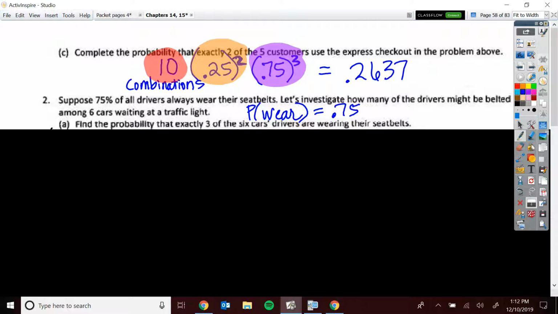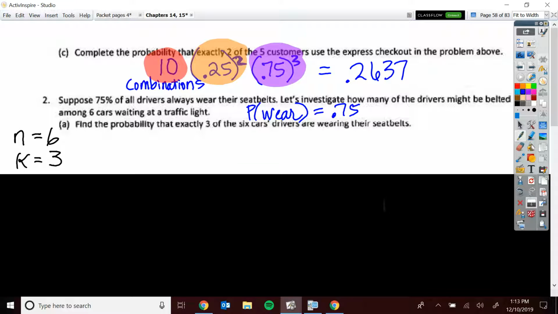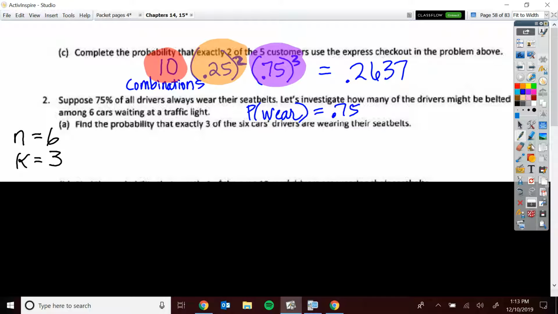What is N, our number of trials in this problem? It is 6. And what's the number of successes we're interested in? 3. So our K is 3. So you need to find the combinations and so on and so forth. Do that out like you think.